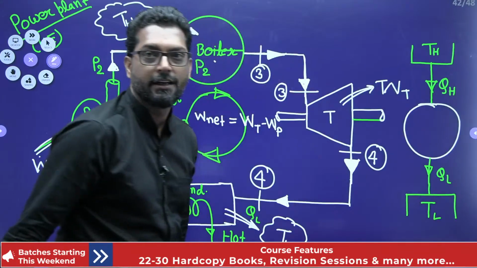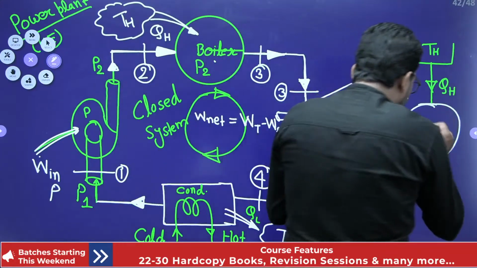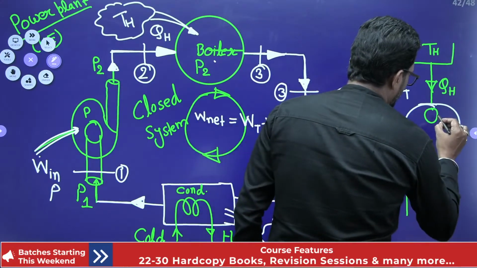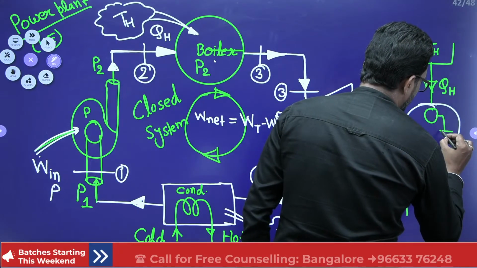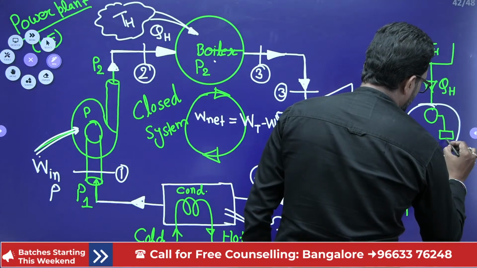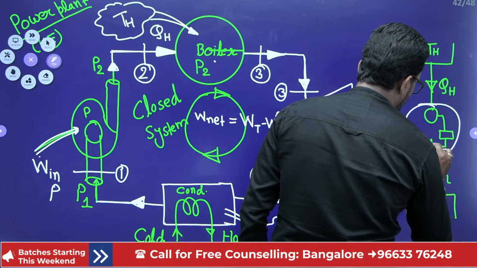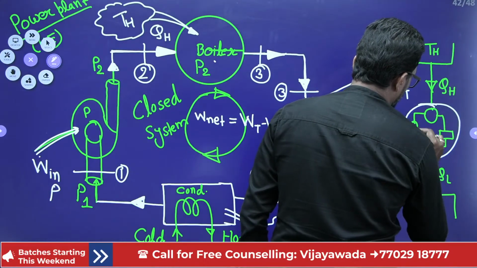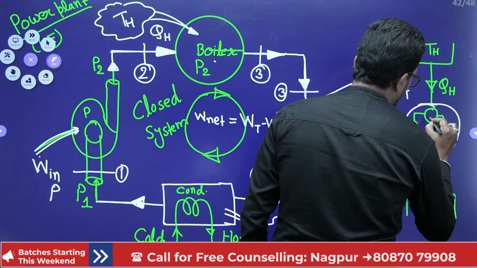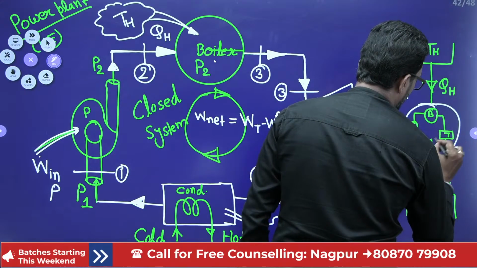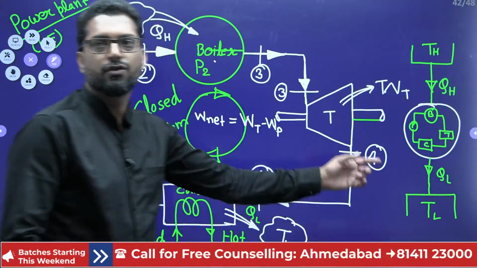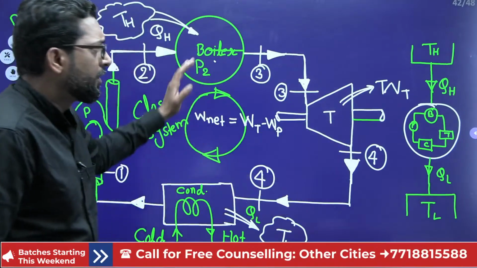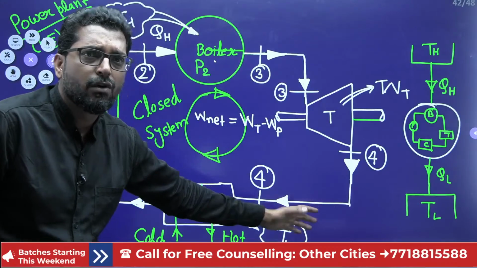This is your cycle. So in this cycle there is a boiler, a turbine, a condenser, and a pump. So this is your pump, boiler, turbine, condenser. This is your net cycle. Now you can also define thermal efficiency for this one, all the things.